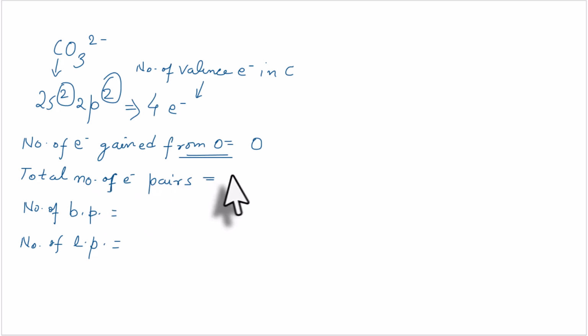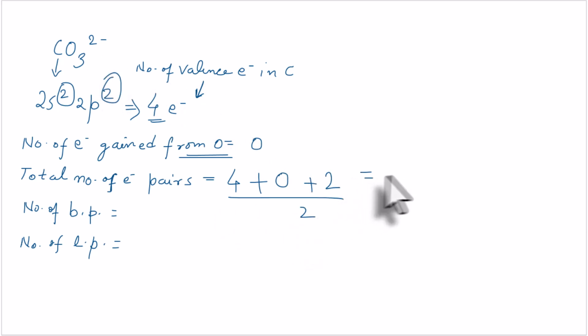Then the total number of electron pairs we calculate by adding the number of valence electrons in carbon, 4, electron gains from oxygen, 0, and then the 2 negative charges, divided by 2, that is 3. So the total number of electron pairs in carbonate is 3 electron pairs.